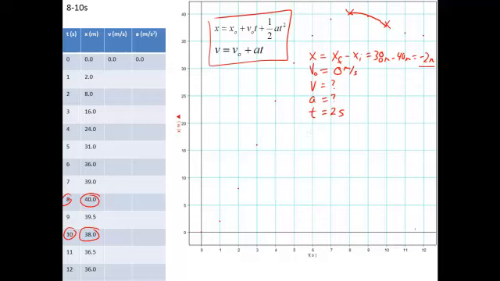Let me solve it a slightly different way. I'll just plug all my values in. So I'll plug in 38 meters as my final position. That's going to equal 40 meters plus v initial, which is 0, times the time t, plus 1/2 a t squared.